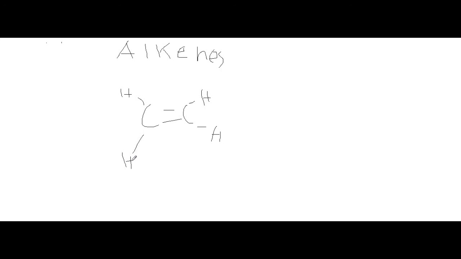Therefore, they can undergo substitution as well as addition reactions. So, if we look here, we'll see that these carbons are double bonded to each other, but they can't stretch those bonds. So what happens is that we can get rid of one of the bonds. Therefore, both carbons now have an empty space to which we can attach other molecules. Again, we could actually attach halogens.